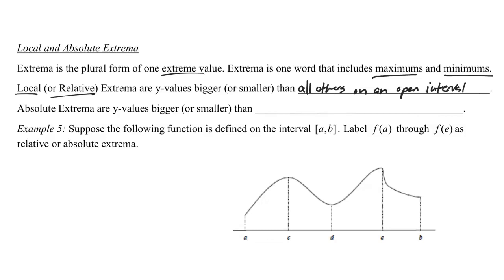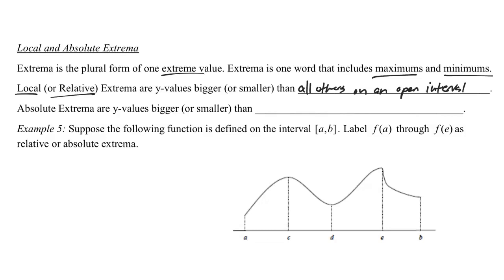local or relative extrema, that's got to be the biggest point, and you've got to be able to draw an interval around the point. I'll explain what that means in just a minute when we get to the example graph. Now, absolute extrema means that it is the biggest, not just on an open interval, but on the entire graph.